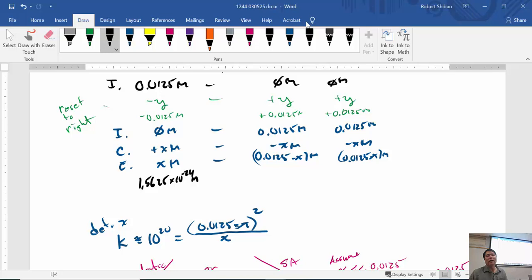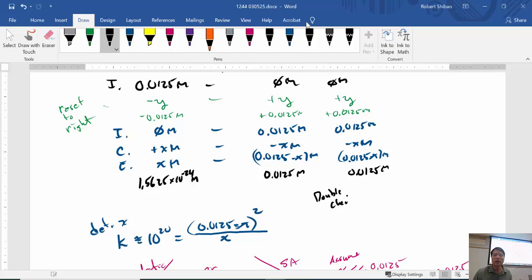And then I go over here and I do 0.0125 minus x. Is x very big? No. And so this is going to come out to 0.0125 molar. Your calculator can't handle this calculation. 0.0125 molar. All right, now let's double check.